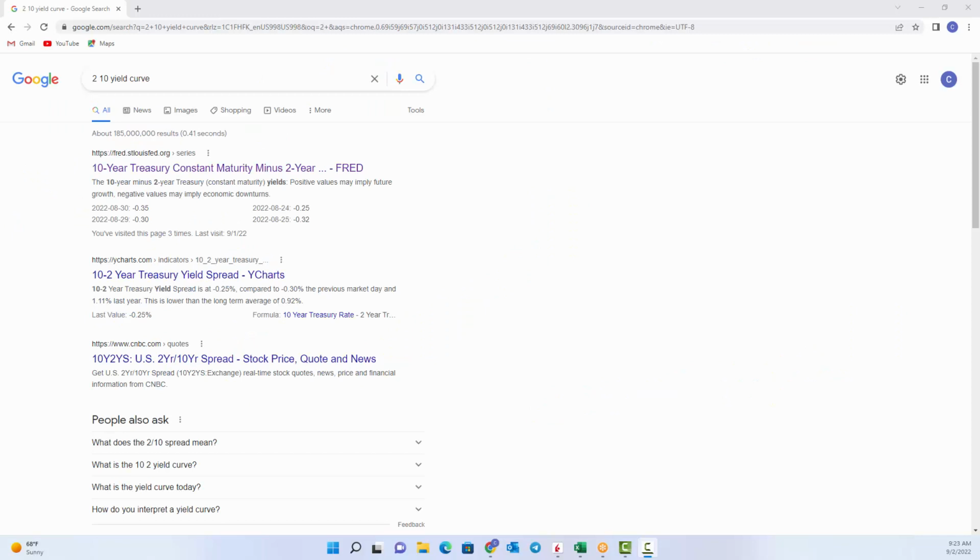So you can even download these reports and this data on your smartphone. If you went in like on your Apple device and you went into the App Store, you'd actually be able to download what they call the FRED, the St. Louis Fed, and pull up all of these things. I'm on a desktop. If I just do a Google search for 2 to 10 year curve, you can see fred.stlouisfed.org, and it's going to show the 10-year constant maturity minus the 2-year.